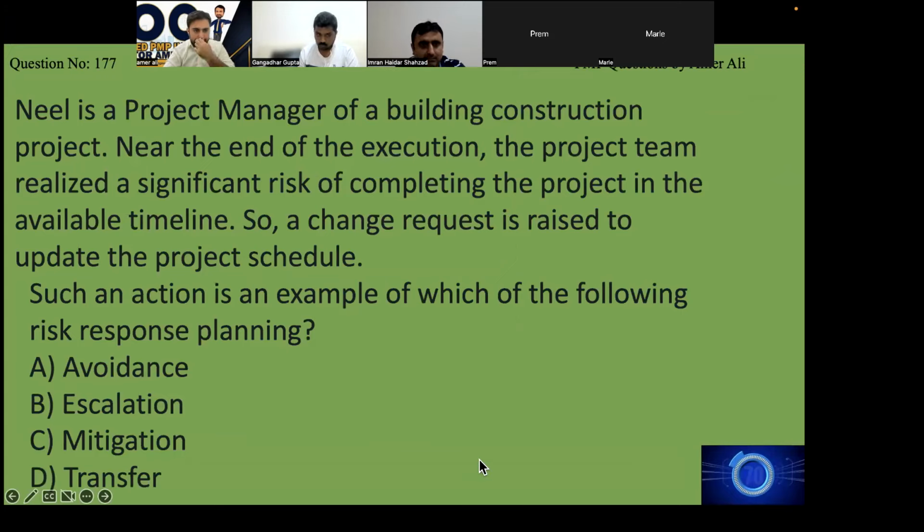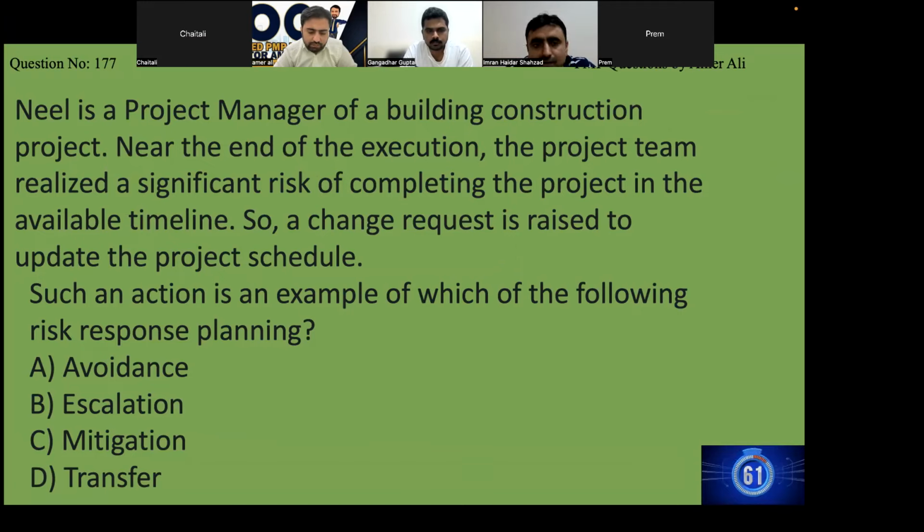Next question. Risk management strategies are very, very important for you guys, especially for the drag and drop question.